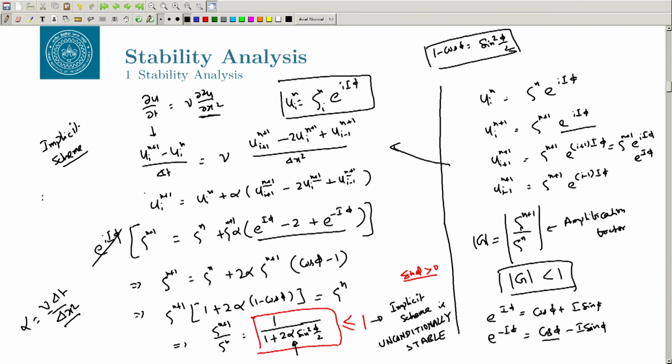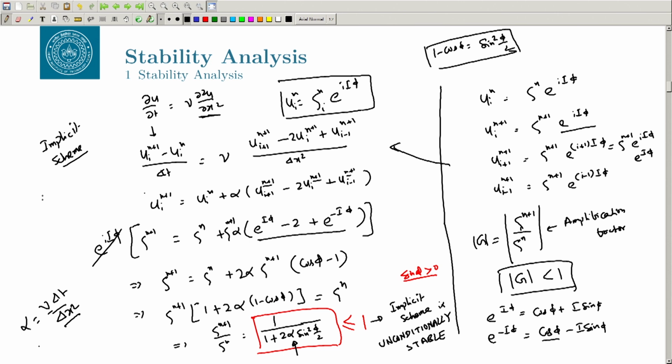If nu is negative, then we have to be a little bit careful, because you will see that this term 1 plus 2 alpha sin square phi by 2 will become less than 1 and then zeta 2 by n plus 1 by zeta 2 by n will become greater than 1. So, then it will basically blow up, right.